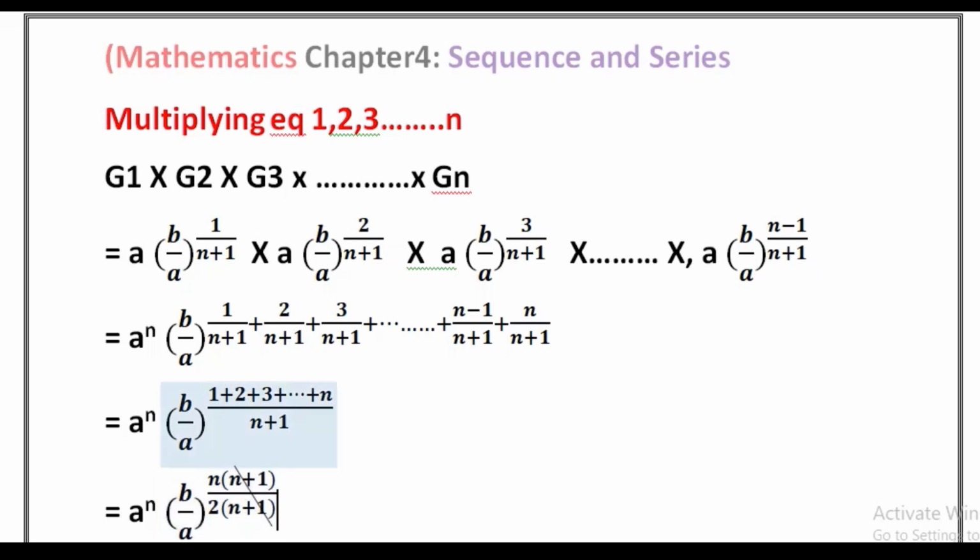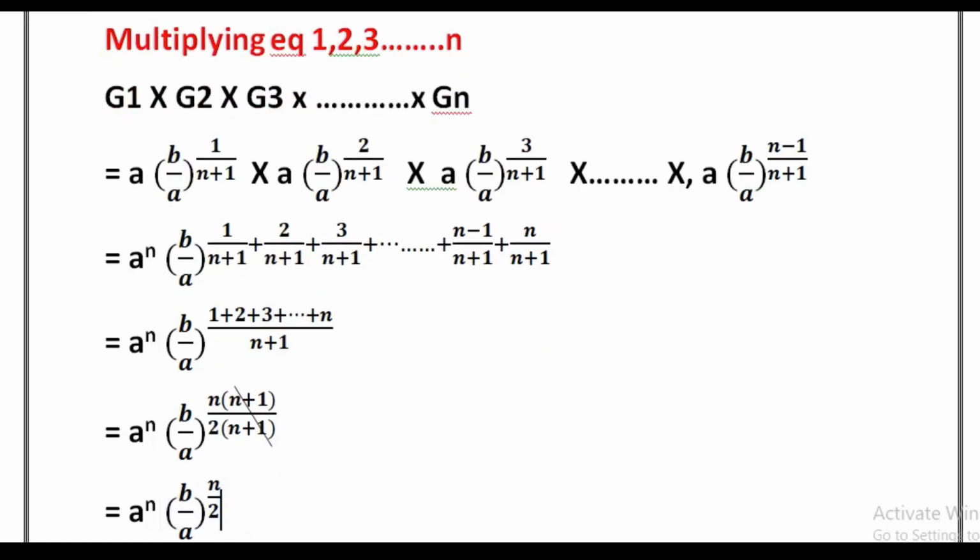So n plus 1 cancels, equal to A power n into B divided by A whole power n divided by 2.